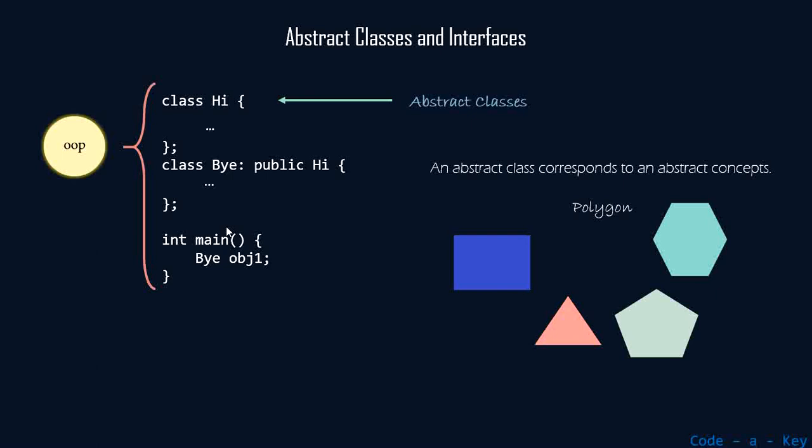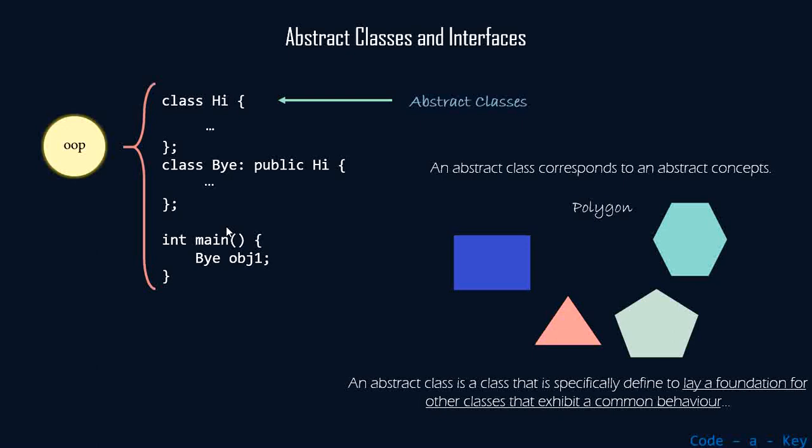So particularly polygon is not having its own property, but it is used as a base class because all the others are polygons, right? Moving forward, an abstract class is a class that is specifically defined to lay a foundation for other classes. Like polygon is a foundation where we have created other classes like rectangle, triangle, pentagon and hexagon, other figures.